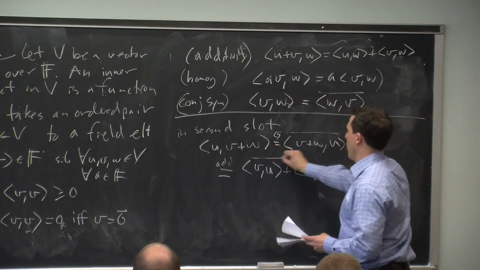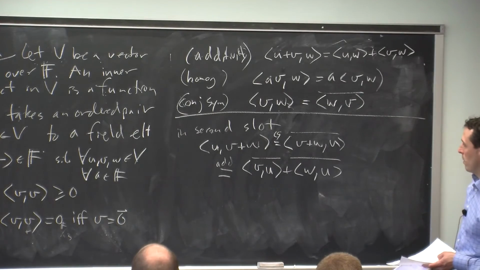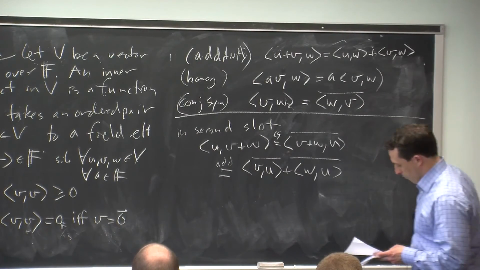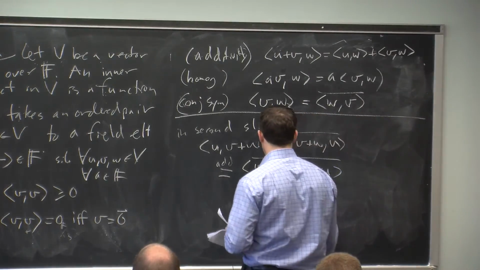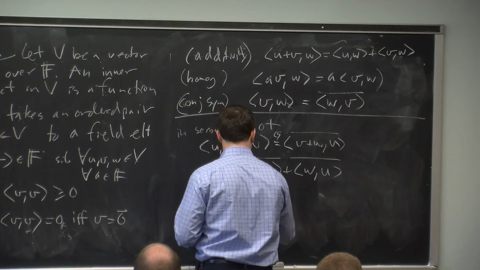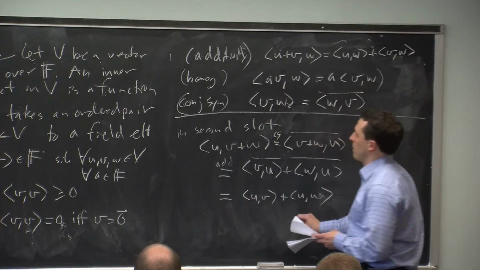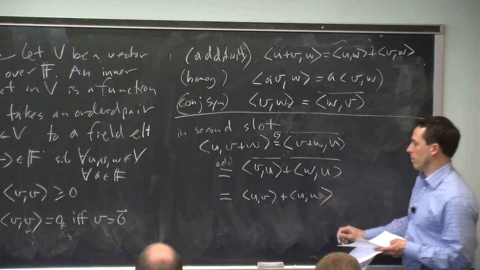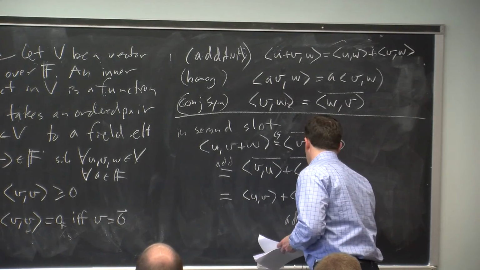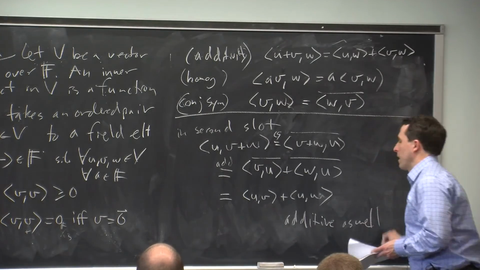I conjugate the whole thing, but since conjugation commutes with addition, I can just conjugate each of those separately. But then I switch them back to get rid of the conjugate, and that's uv plus uw. Okay, so that means that it's additive also. So it's also additive in the second slot.